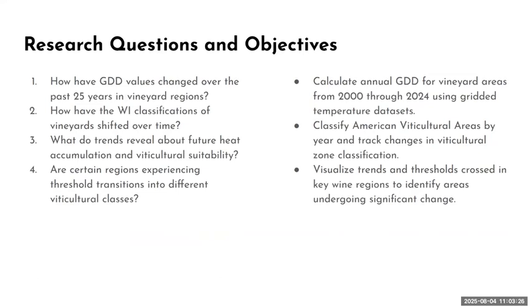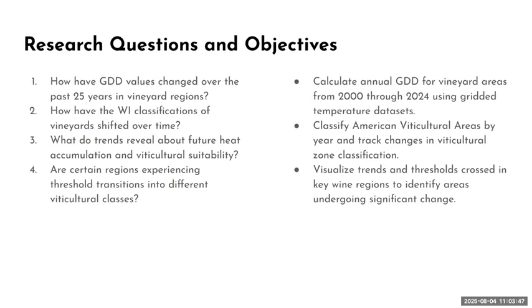This study aims to answer the following questions. How have GDD values changed over the past 25 years in vineyard regions? How have Winkler Index classifications of vineyards shifted over time? What do trends reveal about heat accumulation and viticultural suitability? And are certain regions experiencing threshold transitions into different viticultural classes?